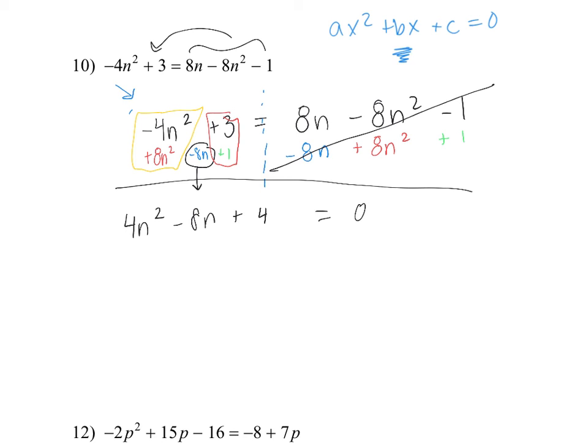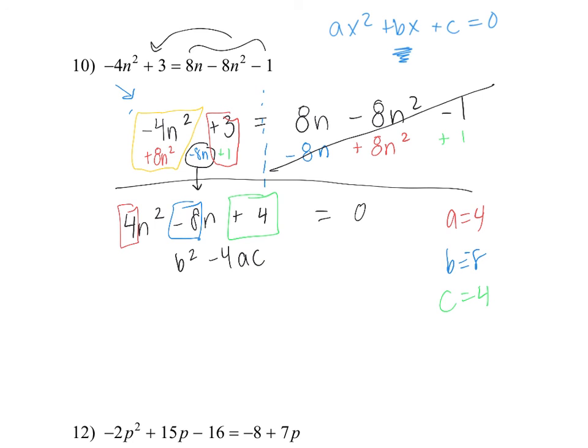So I can go ahead and label A, B, and C. A is 4, B is -8, and C is positive 4. And then we're going to write down our discriminant form, and we're just going to plug in.